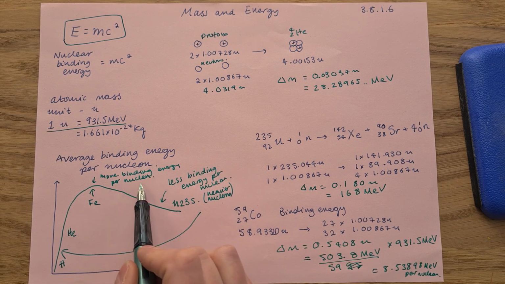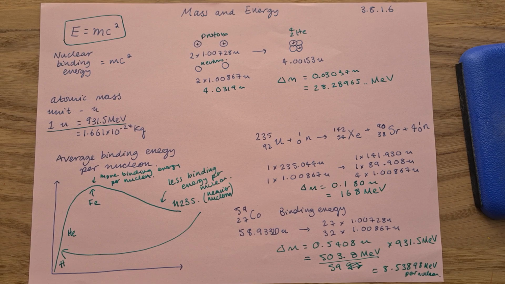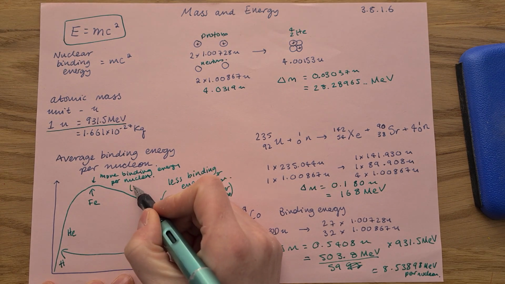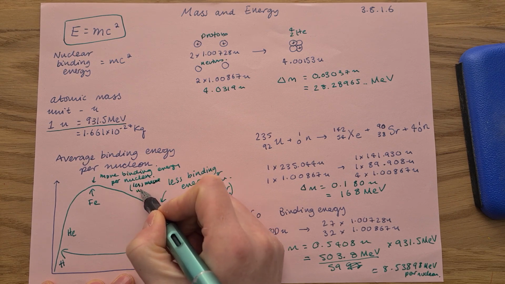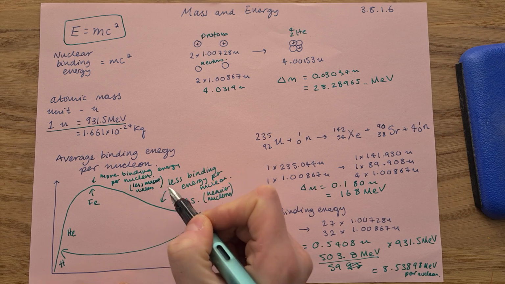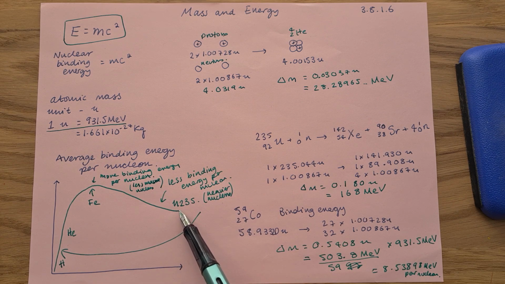So more binding energy per nucleon means your nucleons are going to be lighter within the element, so they're going to have less massive nucleons within it. If you go from uranium-235 or from hydrogen, you've got less binding energy, so it's easier to rip them apart, and your nucleons have a smaller mass difference per nucleon.